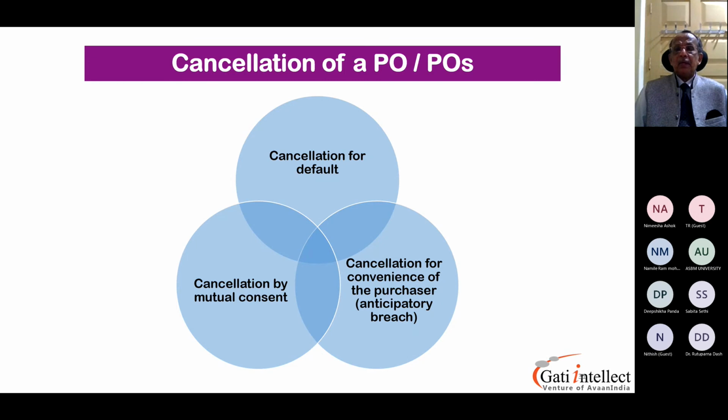Then look at the other one, cancellation for convenience of the purchaser. Of the purchaser, and this is called anticipatory breach. Now, let us say our purchaser is back in India, and the company has gone through a very bad phase.